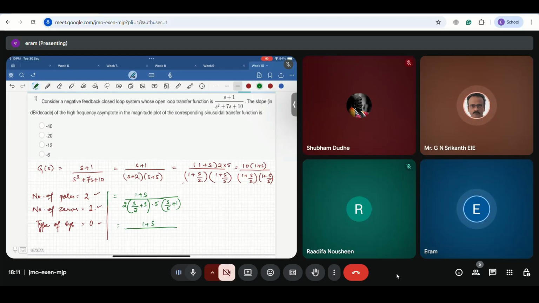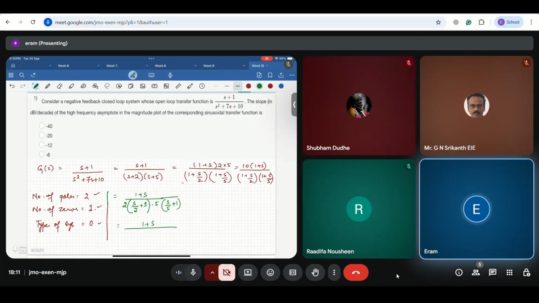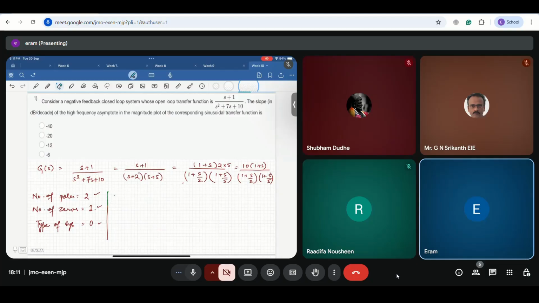You are right, so here it will be in the denominator. Okay, is it correct now? Yes, ma'am. Okay, thank you.